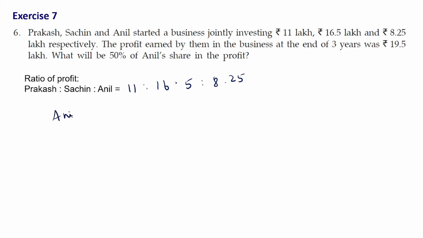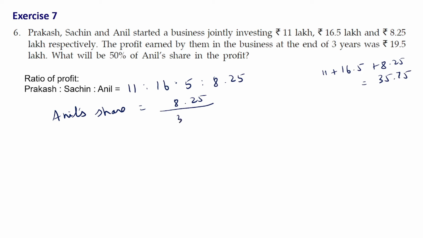So Anil's share will be 8.25 upon the sum of these three. That is 11 plus 16.5 plus 8.25. So it is 35.75.